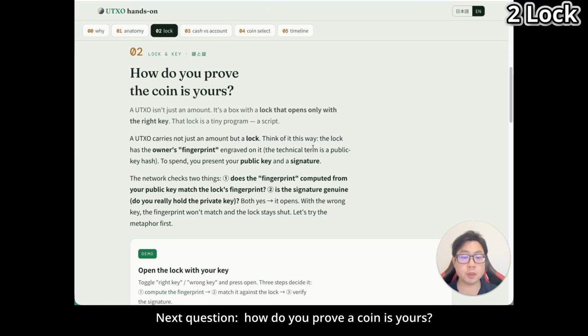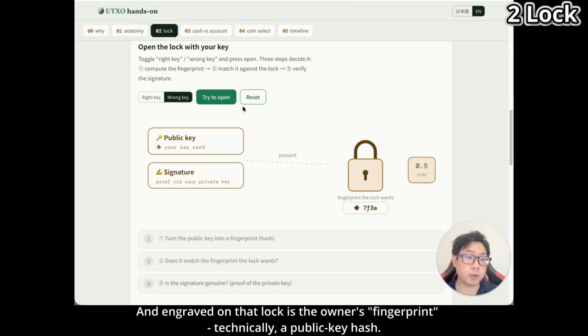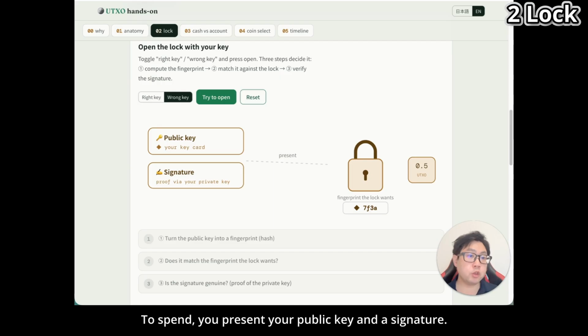Next question. How do you prove a coin is yours? A UTXO carries more than an amount. It carries a lock, and engraved on that lock is the owner's fingerprint, technically a public key hash. To spend, you present your public key and a signature.